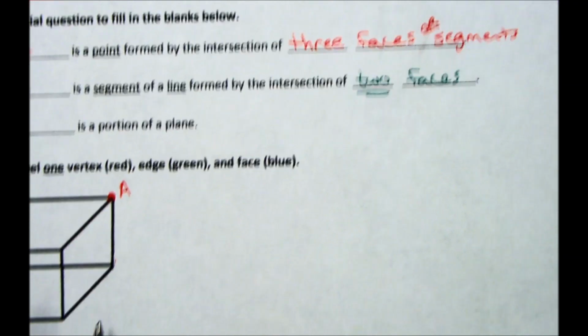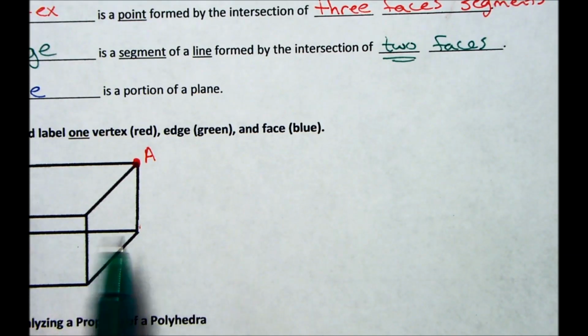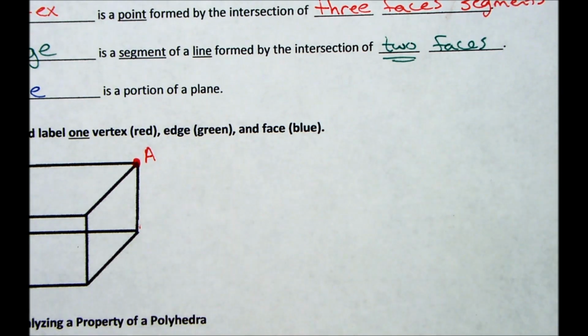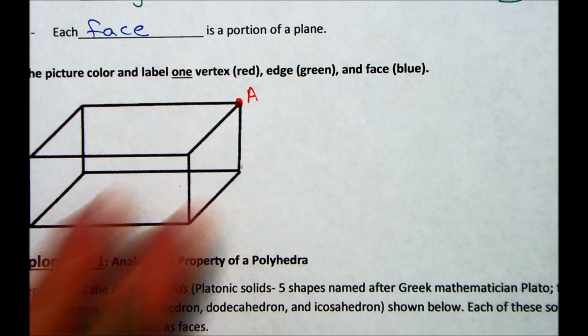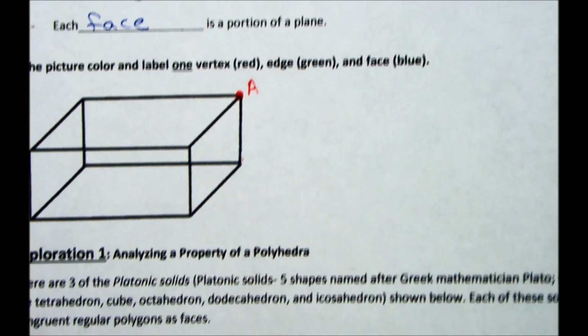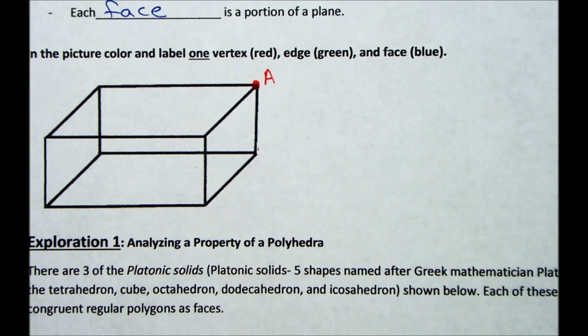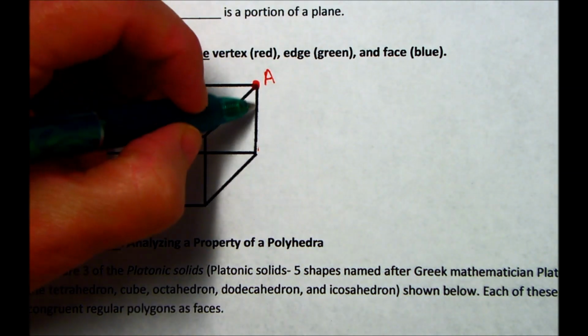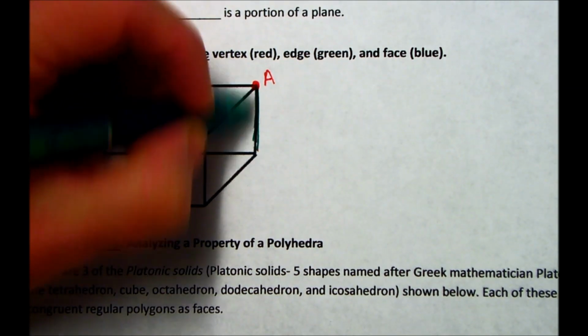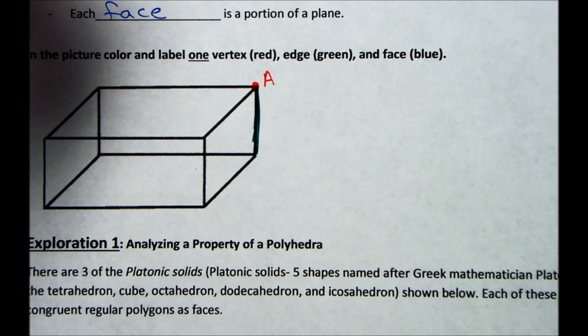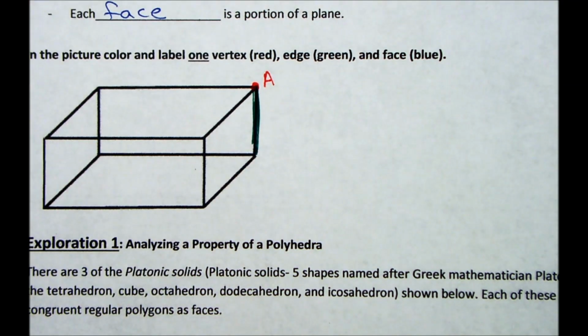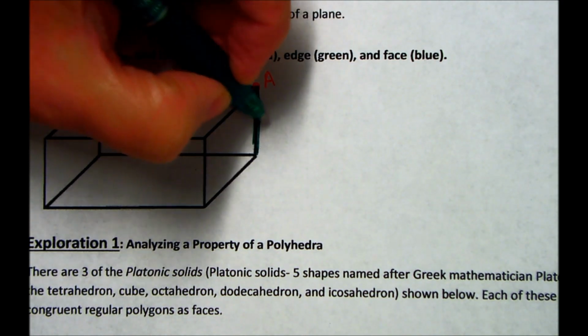Again, instead of a plane, we have just a portion of a plane, a face. So when those two faces intersect, we have what we call an edge. There's lots of edges you can choose from here, so just color one edge green. If I color this edge green, hopefully you can see that's green, and this is called my edge.